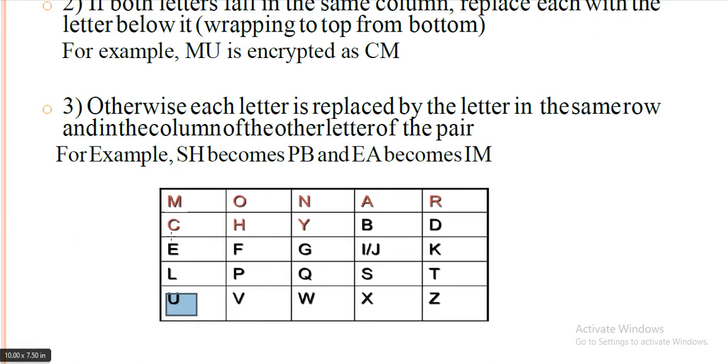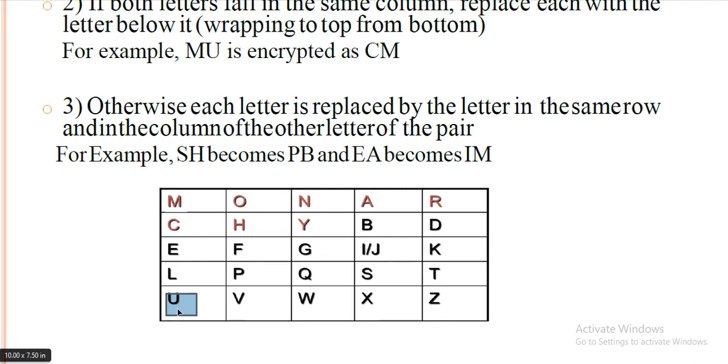So M and U are in the same column. So the same concept we are applying over here. That is going to be shifted to the next. So M is shifted to the next. So M is replaced by C. Get it? And U is shifted next. There is nothing next because our column is finished over here. So it is shifted to the next, meaning the initial value of the column.